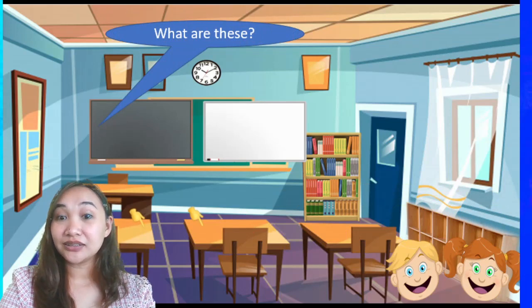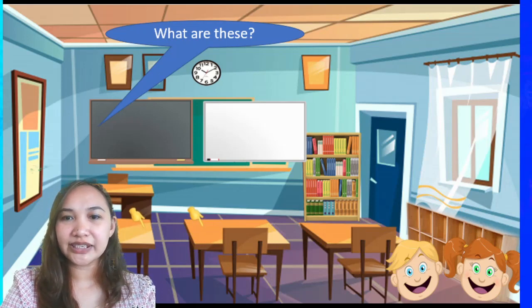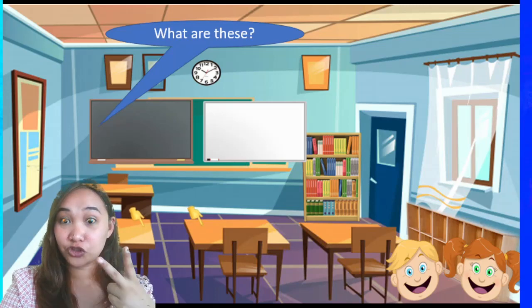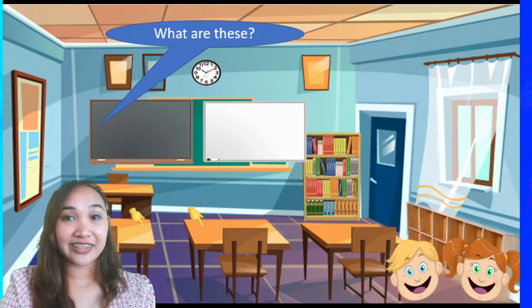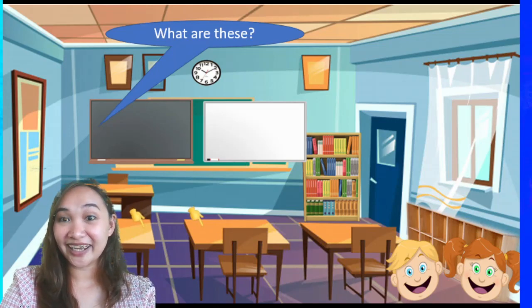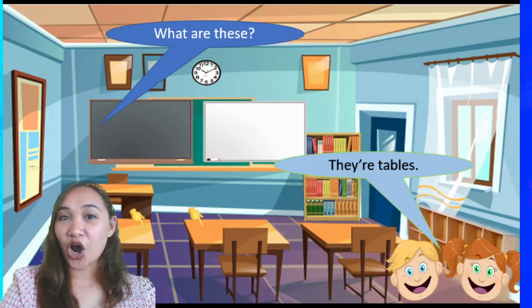How about this? Look at the hand. It's very close to the object. And we have two objects here. And what are these? What are these objects? Very good. They're tables. They are tables.